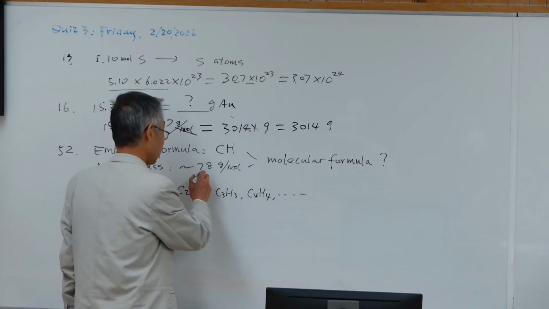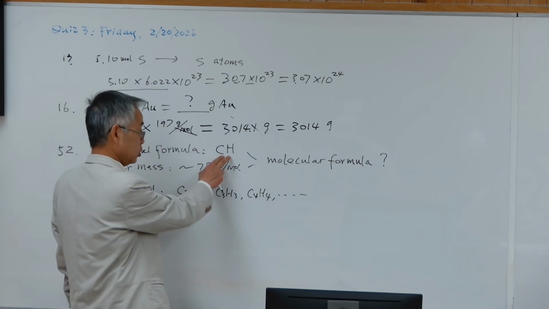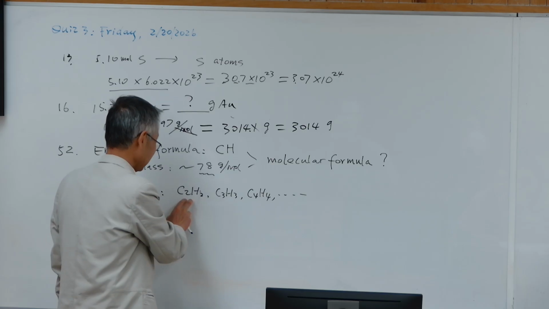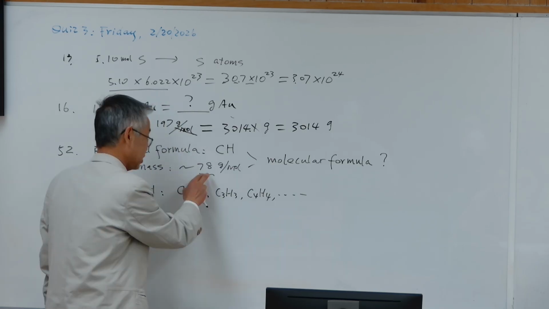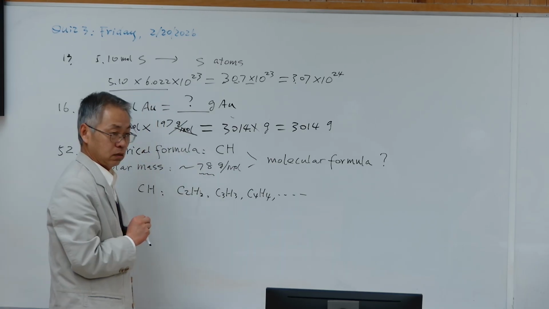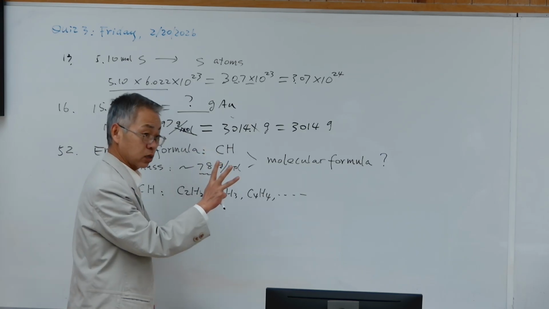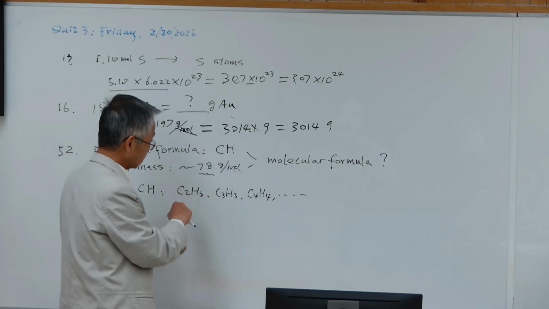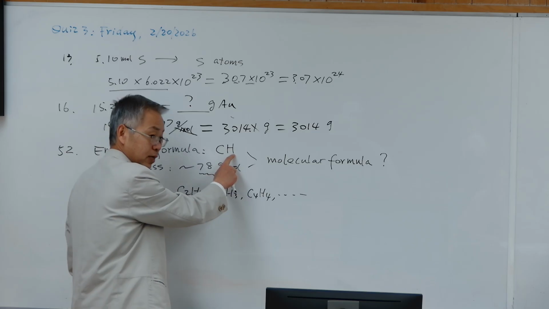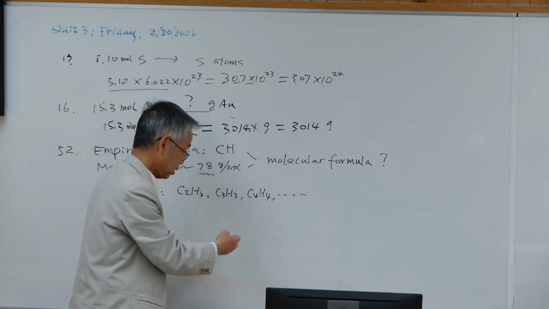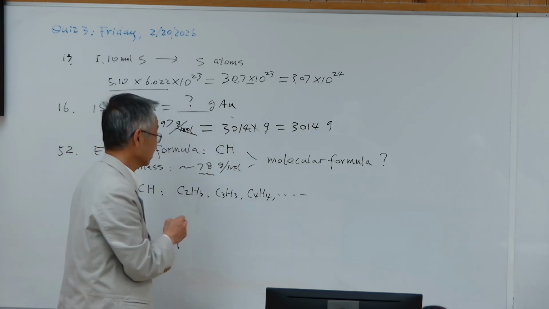Since we already used the condition from here to this, you need to use the other condition. 78 grams per mole is the molar mass of the molecular formula. Then what is the empirical formula's molar mass? We compare these two and we can figure out this number.